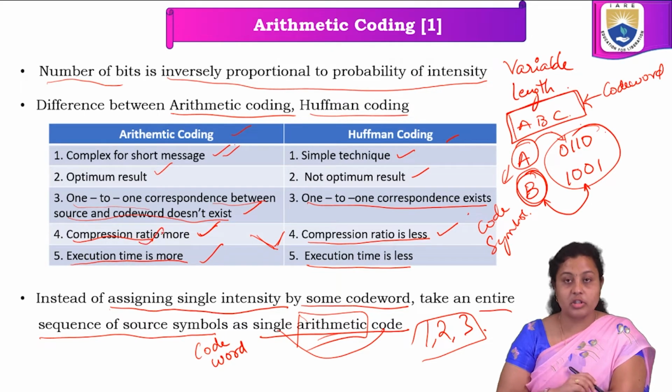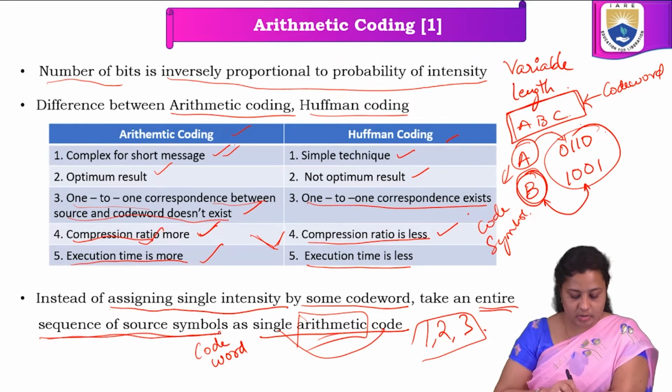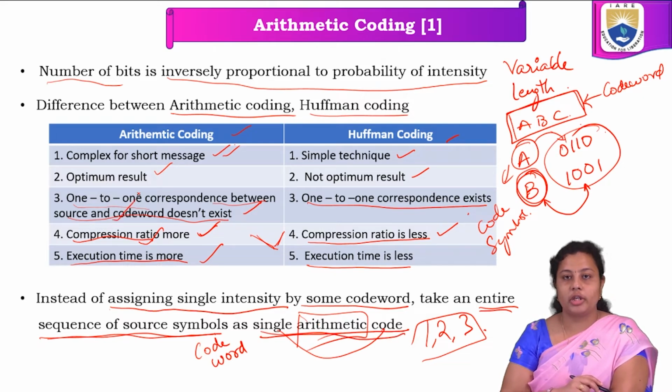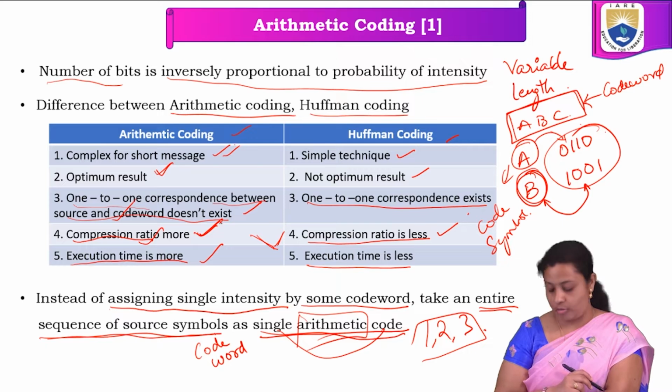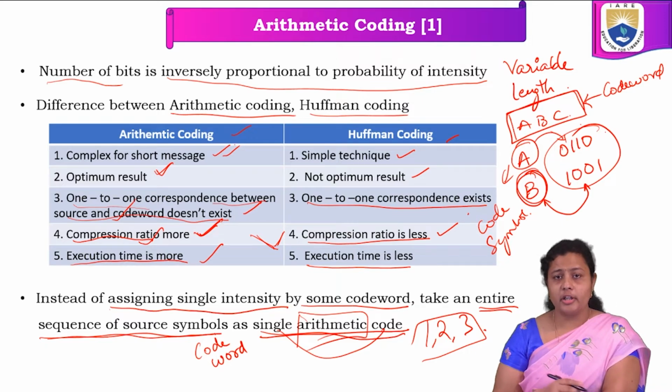Since we use an entire sequence of code symbols and give it a single code, one-to-one correspondence does not exist, it gives an optimum result, and we have a higher compression ratio. These are the advantages of arithmetic coding compared with Huffman coding.